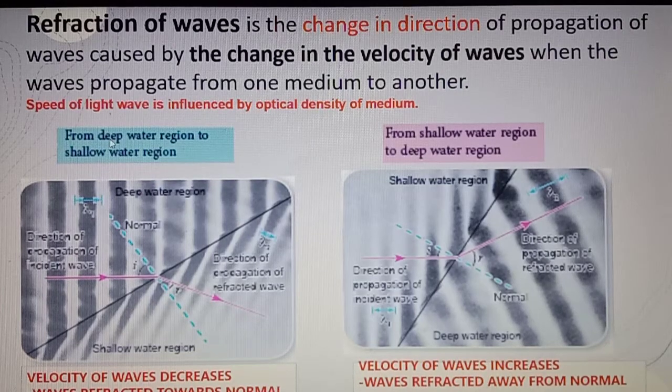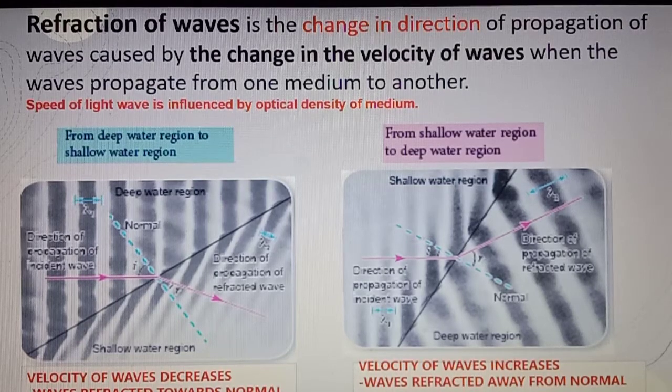But when we talk about water, it depends on the depth of water. In the deep region, the speed of water waves is higher. In the shallow region, the speed is smaller. So there is a change in speed, and when there is a change in speed, there will be a change in the direction of waves. When the direction changes, we can say the water wave experiences refraction.